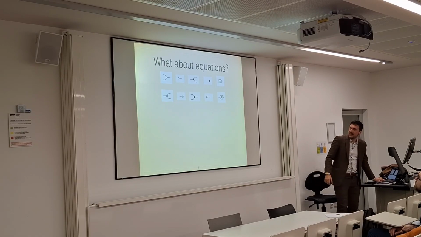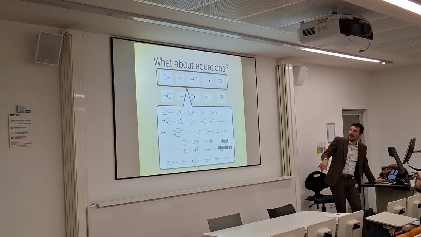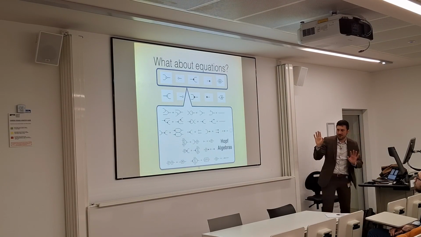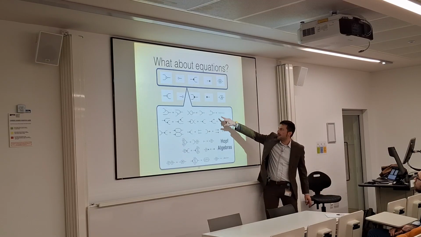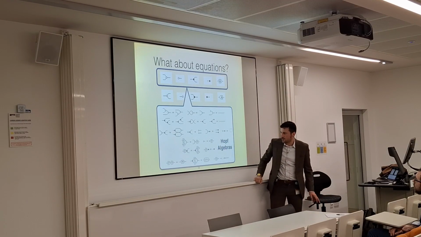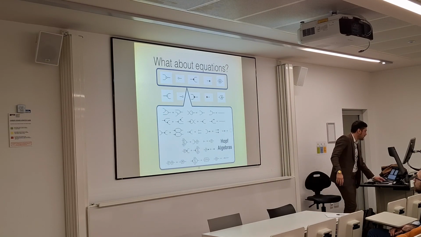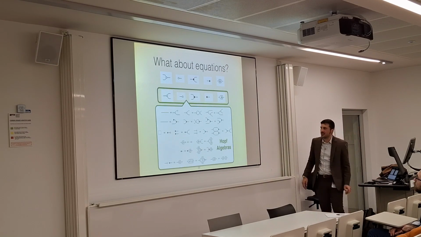So let's make a bit of a recap of where we are so far. The first one above, the first line, we have already seen. It obeys the equations of Hopf algebras. This we have seen in the first part. So we have a monoid, a comonoid, bialgebra equations, equations of interaction with the scalars. Okay? This is Hopf algebras. Which equations should we impose on the ones below?